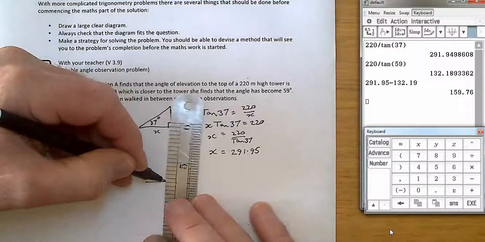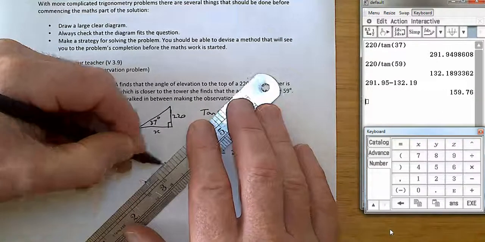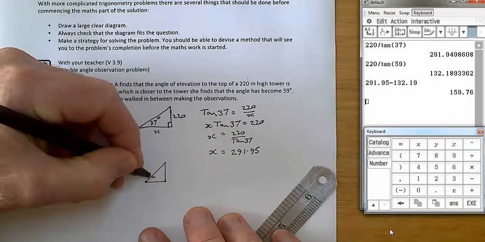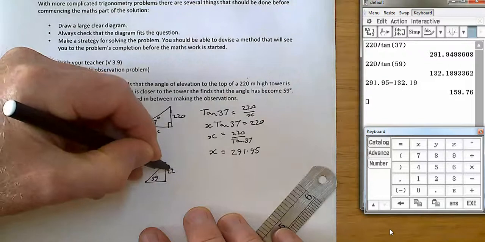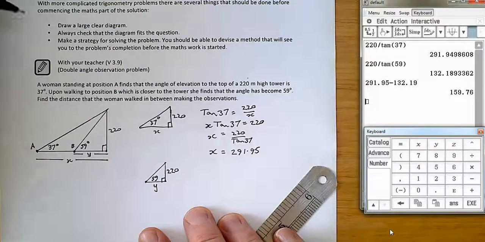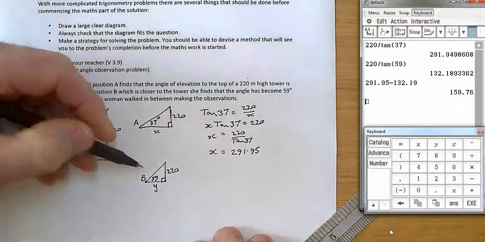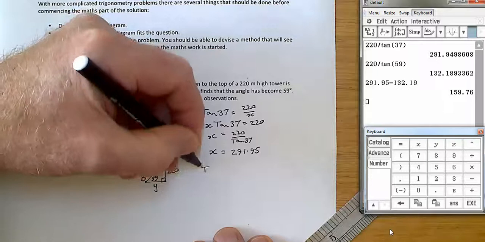Now, if we were to have a look at this small triangle here, this is the triangle with B in it, and we had an angle of elevation of 59 degrees. That's 220, and we can work out distance y. Which sides are involved? Opposite and adjacent again. It's a tan question.